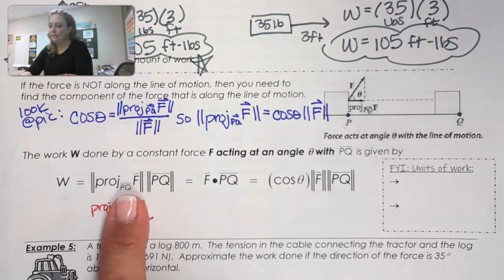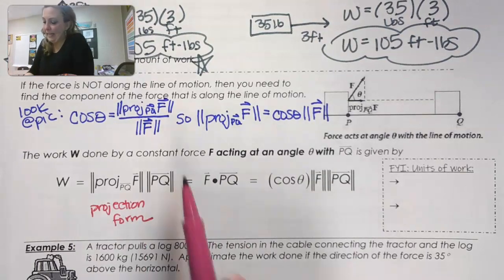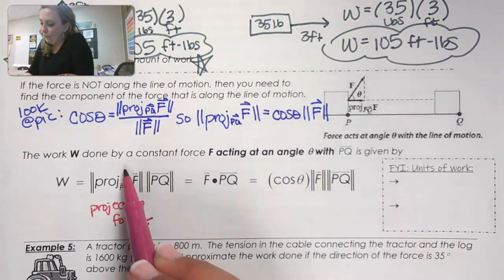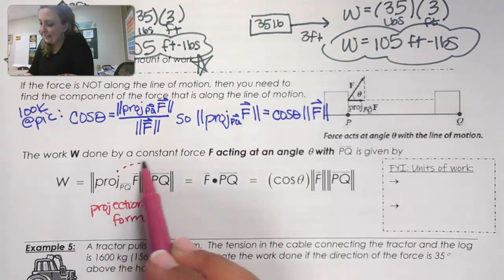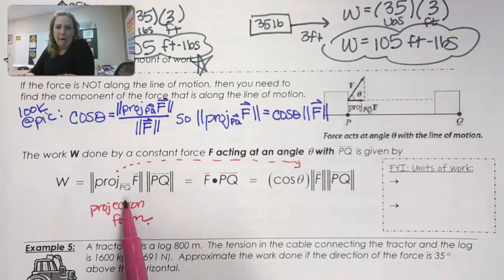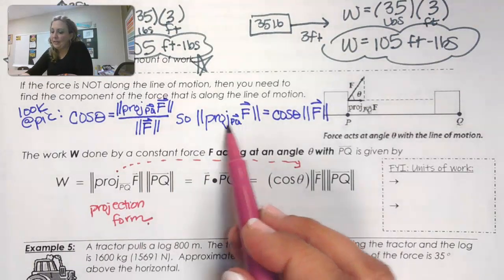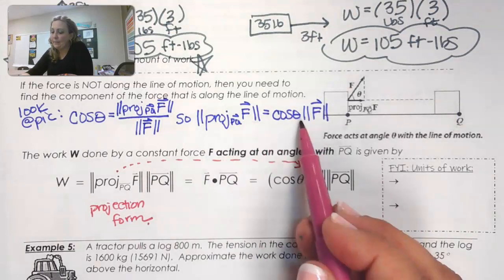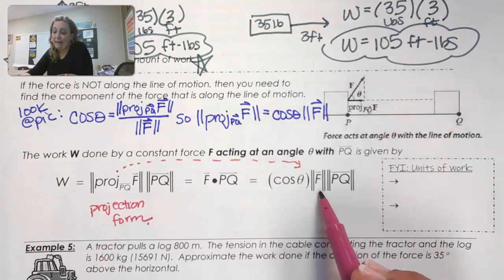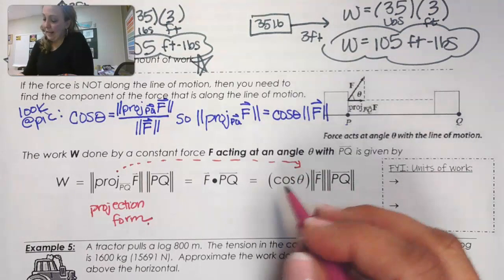The projection form can then kind of like, I don't want to say turn into, but what we can do is take this projection of F onto PQ. We know that the magnitude of the projection of F onto PQ is going to be the same as the cosine of theta times the magnitude of F. And this is really a helpful form.